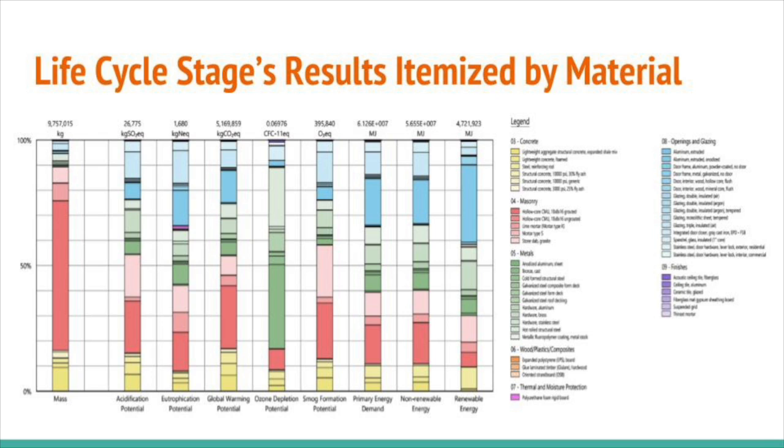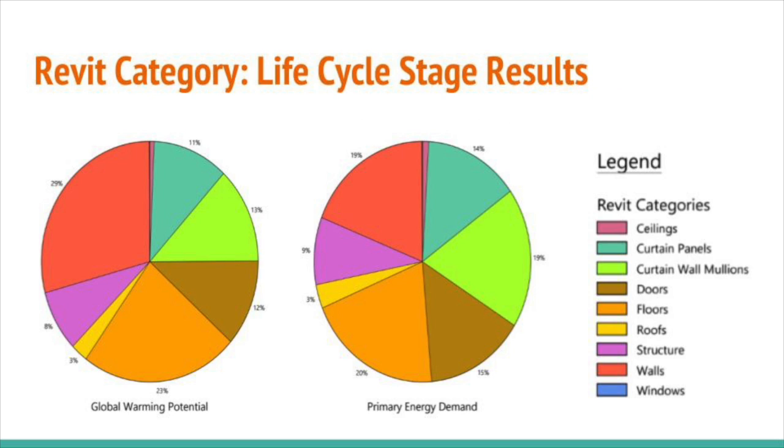In slide 16, we show the Revit categories and the results of each life cycle stage taken by these Revit categories. There is a big slice of each of these pies that is shaded in red.